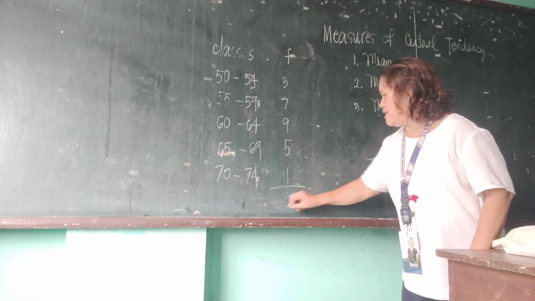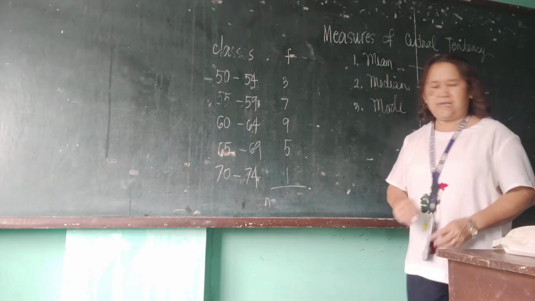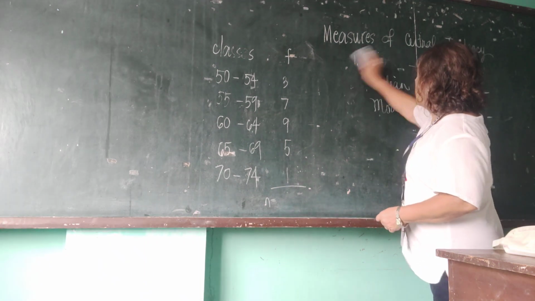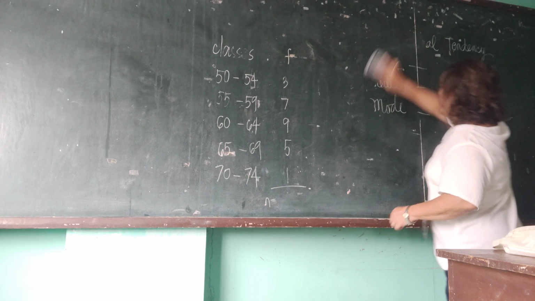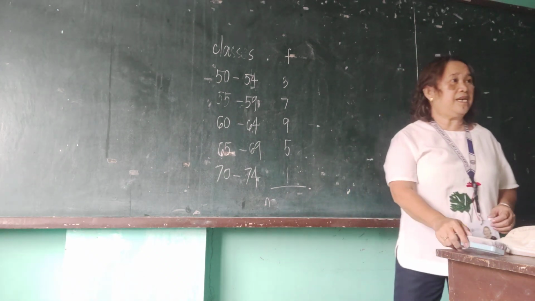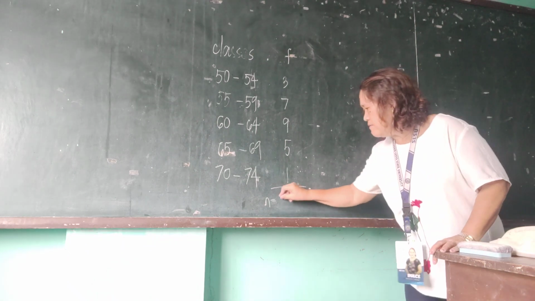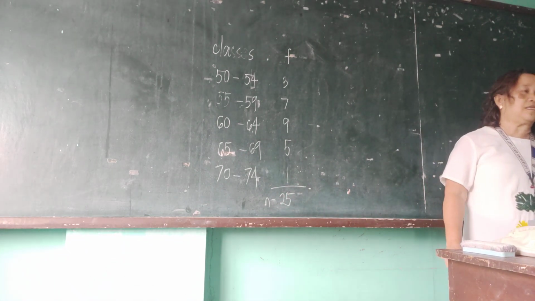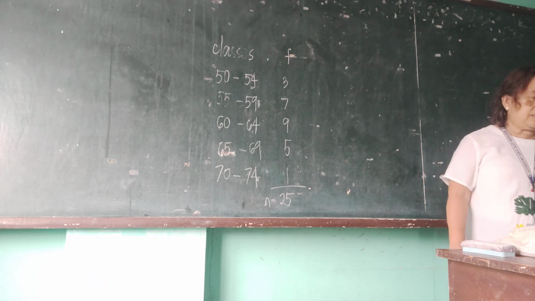Okay, what is our n? Can we add? N equals, what is the n? 25. Okay, so n is simply the total. Right? You add the data and you get the total.